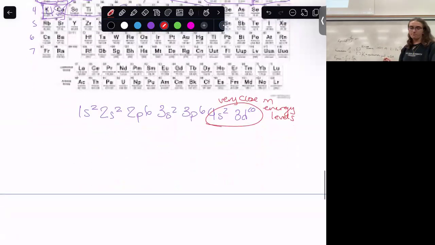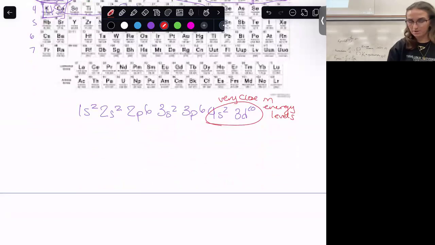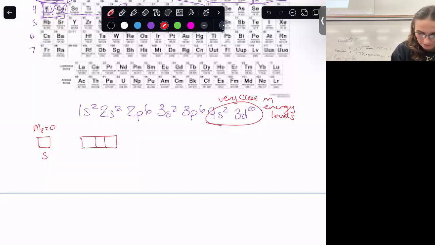So if we're writing the electron diagrams, anytime you have an s orbital, it's just going to be one box, right? One box or one circle, whatever you prefer. Right, and this is because m sub l is equal to 0, right? There's only one option for m sub l, the orbital. Anytime you have a p orbital, you're going to have 3 boxes, right?